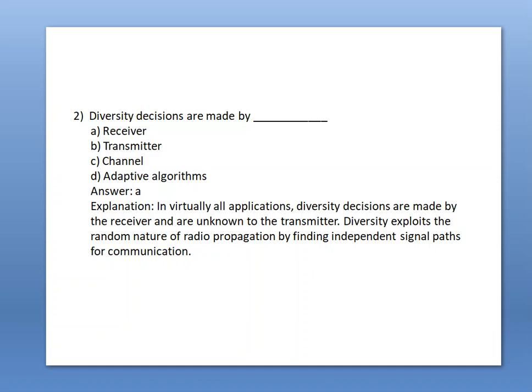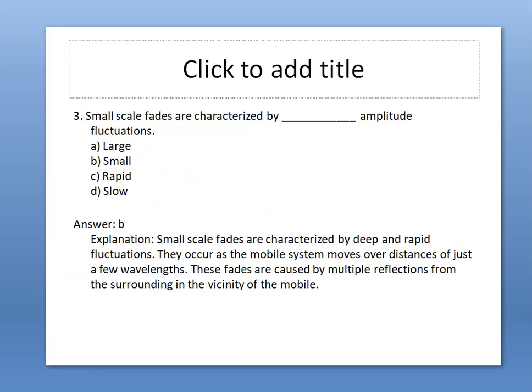Coming to bit number 3. Small scale fades are characterized by which type of amplitude fluctuations? Like large, small, rapid, and finally slow. Yes, the answer is B, small amplitude fluctuations. Small scale fades are characterized by deep and random fluctuations.